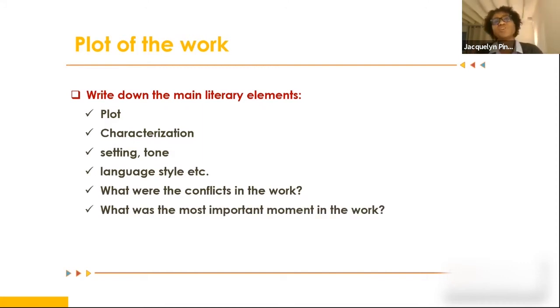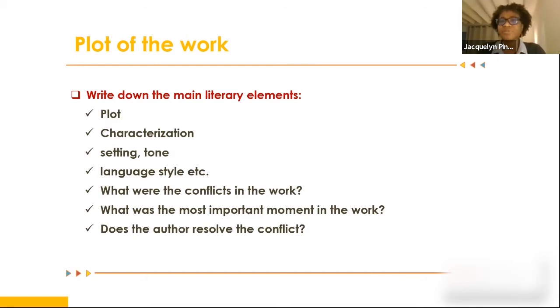And then what was the most important moment in the work that you noticed? Was there some sort of key turning point? And you can put a star, a bracket of some sort, as you are doing that. And does the author resolve the conflict? In a book that you're reading, maybe there is time to show some sort of resolution.